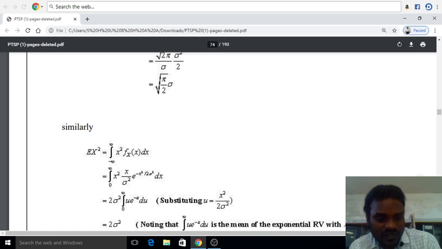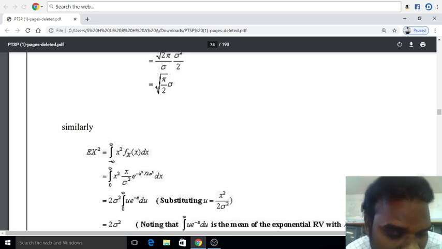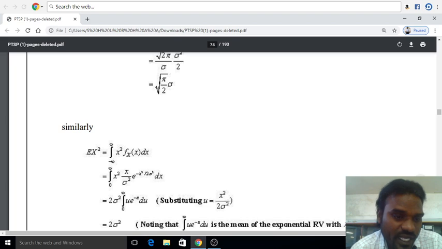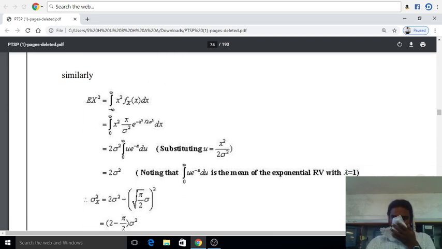Variance is generally denoted with sigma square, but we are also using sigma as a parameter of the random variable, so for our convenience we are assuming the variance is about E[X^2], whereas E[X] is the mean. Then we get that variance is equal to 2 into sigma square.